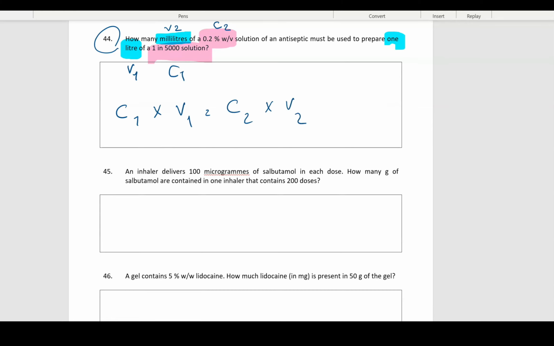First of all, we are looking for the milliliter. So how much is it?